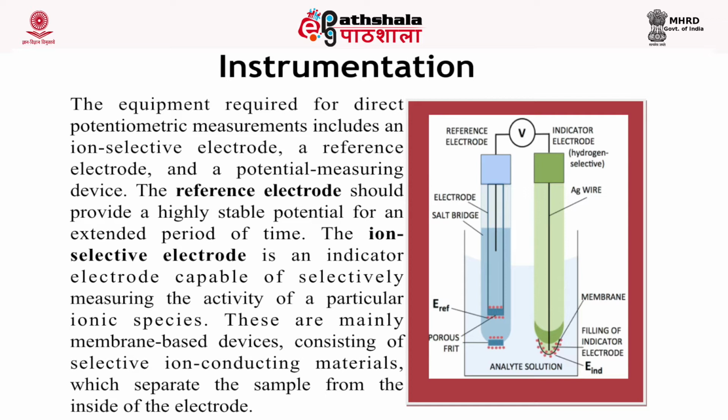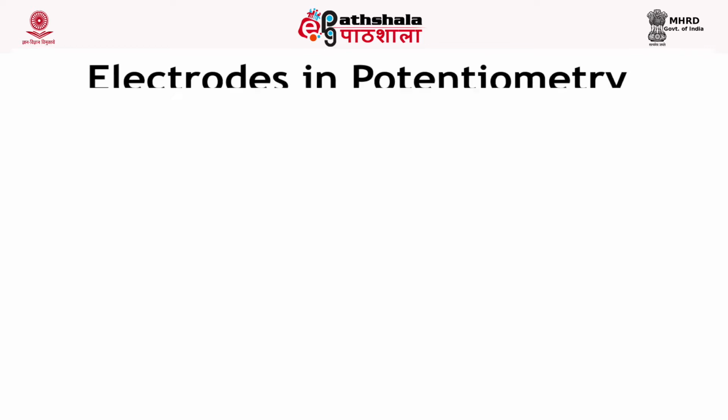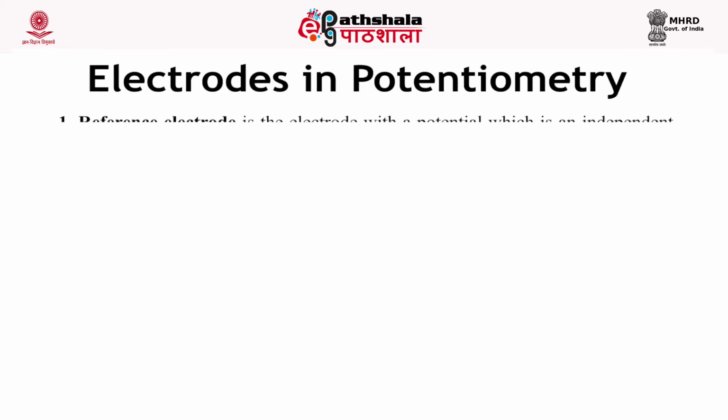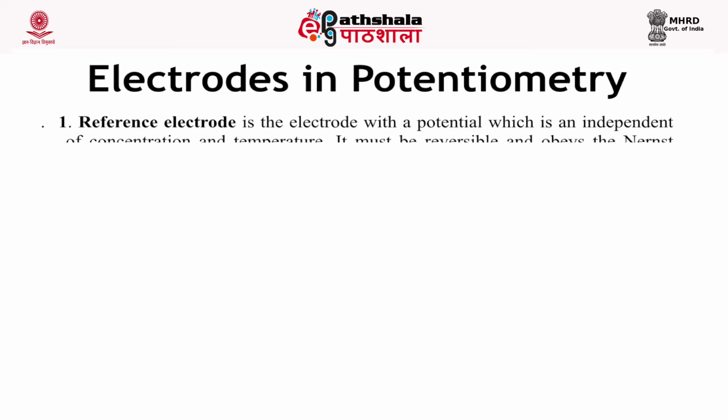Ion selective electrodes are mainly membrane-based devices consisting of selective ion conducting materials which separate the sample from the inside of the electrode. It is necessary to select an appropriate electrode, both indicator and reference, depending on the chemically reacting components in various titrations.